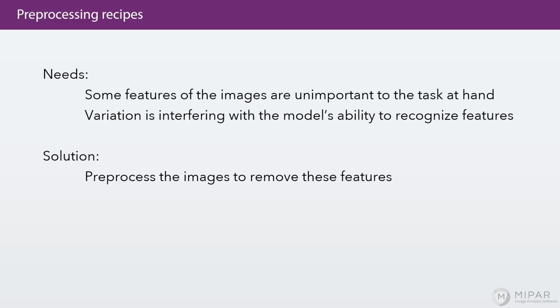With our new pre-processing feature, you can package some grayscale processing into a recipe, and then set that recipe as an option in the training. This recipe is then automatically run on each image before the training begins, and MIPAR will also store this recipe along with the resulting model, so the pre-processing is applied automatically when you use the model in a recipe later.